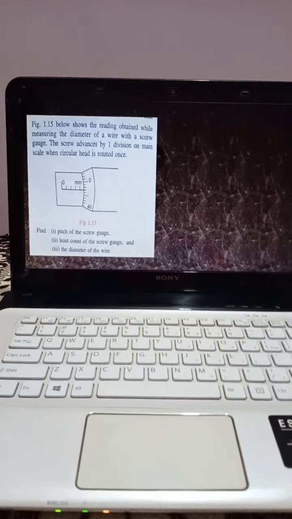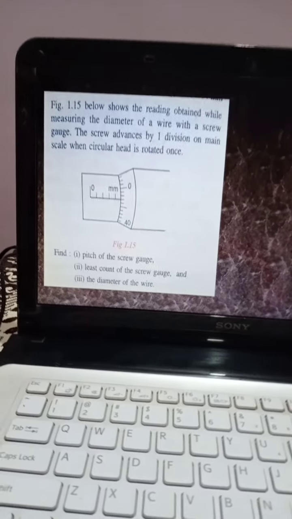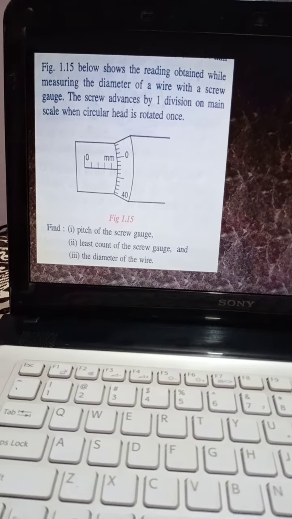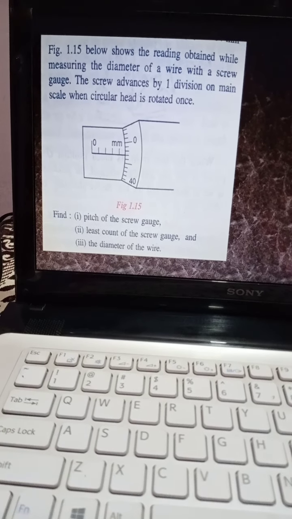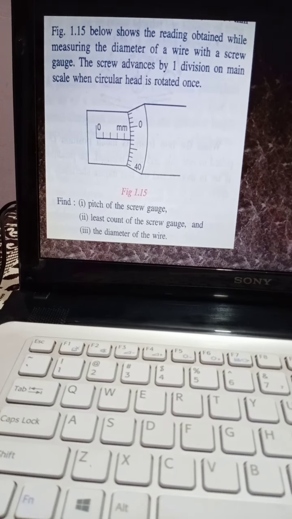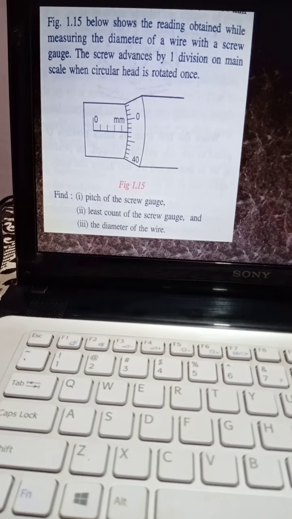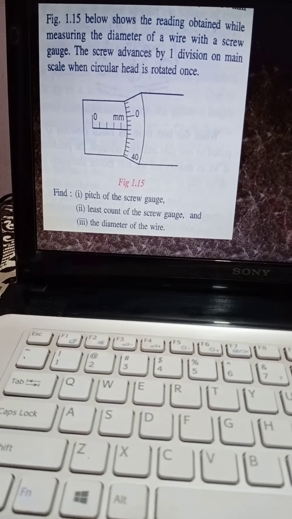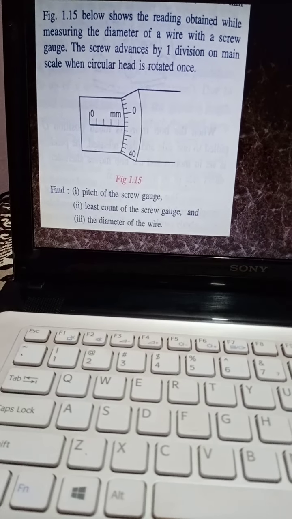Next, in the book, question number 14, this diagram is given, and what this diagram tells here is that to measure the diameter of the wire with a screw gauge, the screw gauge advanced by one division on the main scale when the circular head is rotated once.